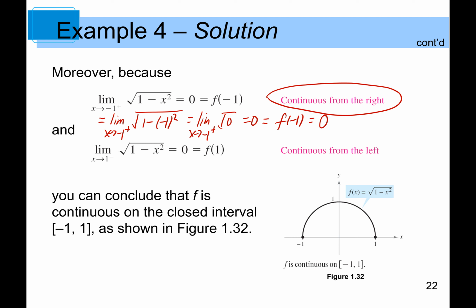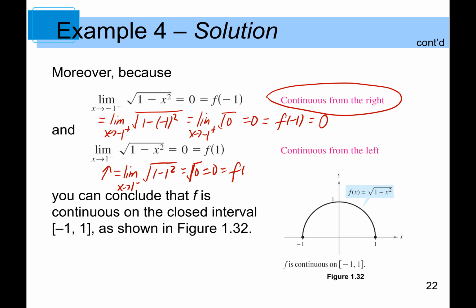And we also need to calculate the limit when x approaches 1 from the left-hand side to verify the continuity on the left. So similarly, we replace x with 1. So we get the radical of 0, which is 0.